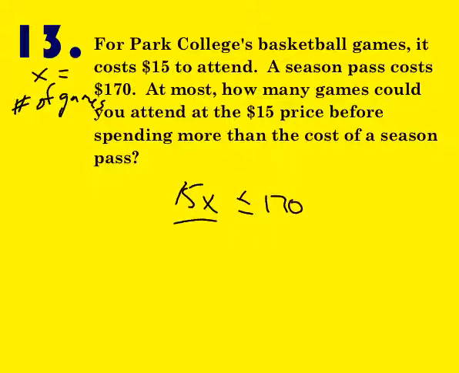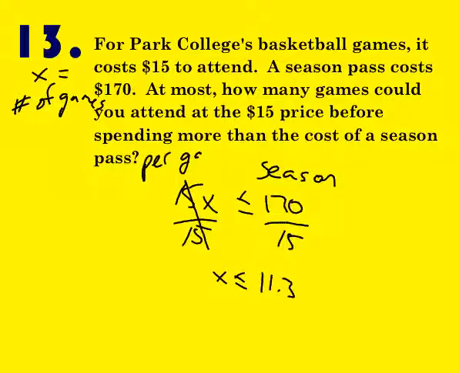So they just want to know how many times it costs to go. So if I did X is less than or equal to, you're just going straight forward. So this is 11.3 repeating. So this is season on that side, and that's per game. So you're comparing the season price versus paying for each game.